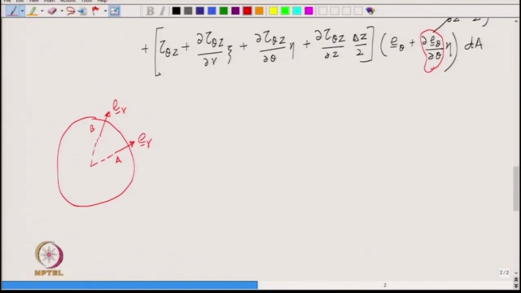And of course, the theta coordinate of A and B are different, and the angle between them would be, let us say, delta theta, right.